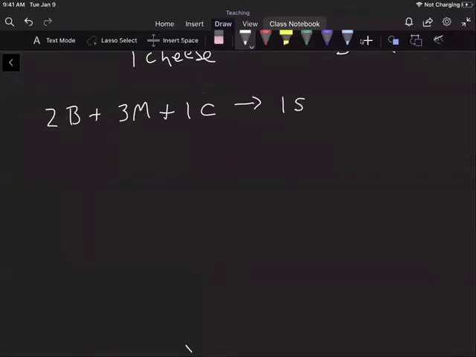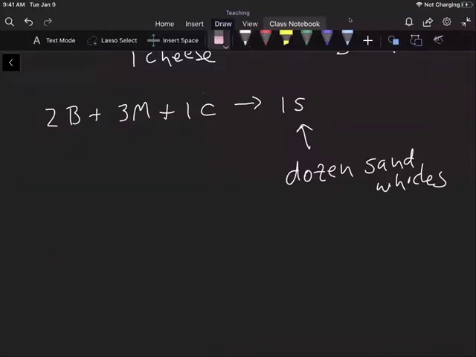Okay. So now I need to make a dozen of these guys. So I need a dozen sandwiches. So how do I figure out how much I need of each of my components of those sandwiches? Well, I can take the entire thing just like we did before.